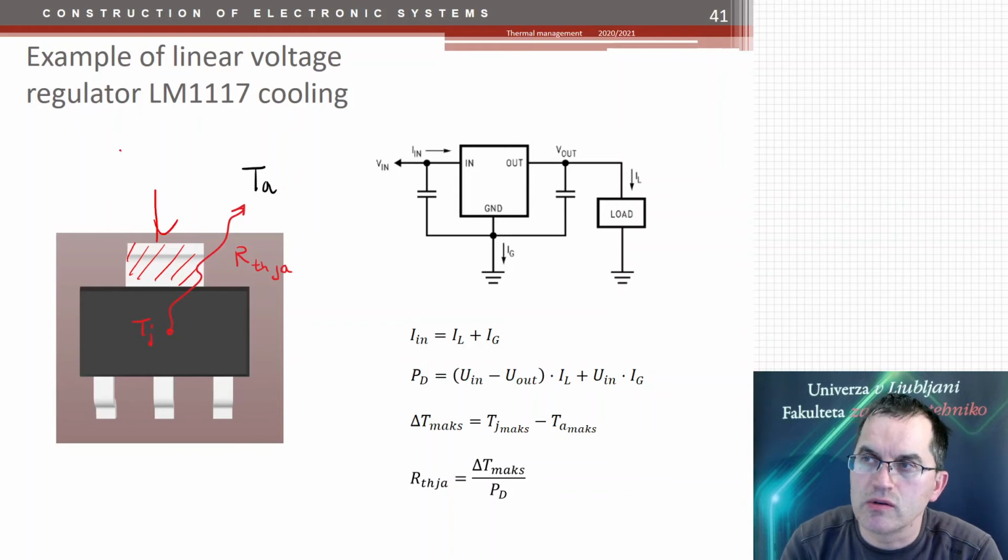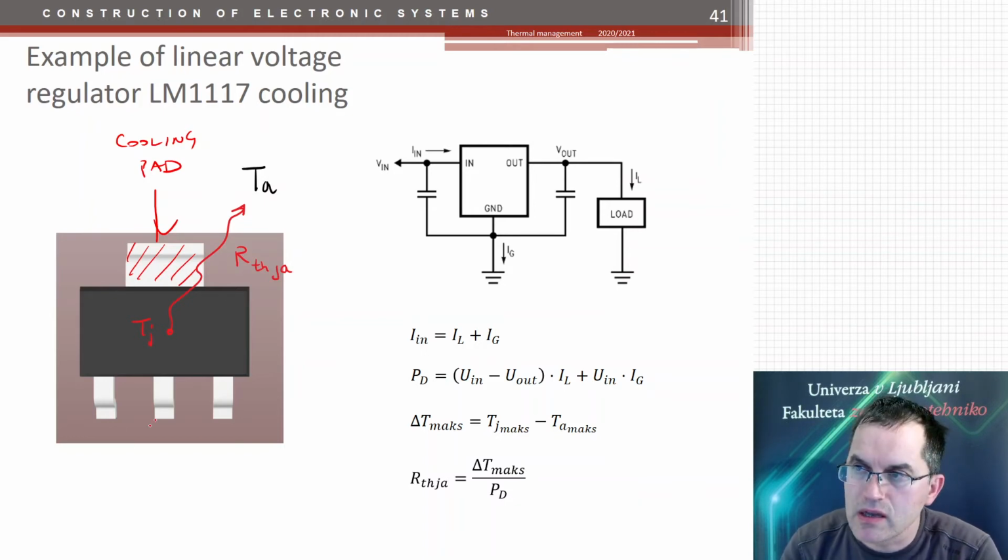This is the so-called cooling pad, and that one is primarily for cooling and nothing else. These 3 are electrically connected pins. That one is for heat transfer. So that is the one you should emphasize in your design when you are thinking about cooling.